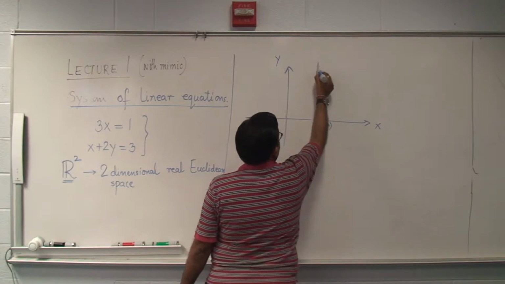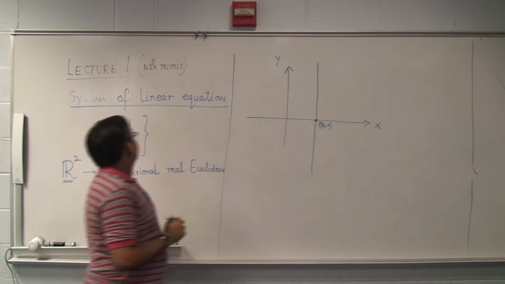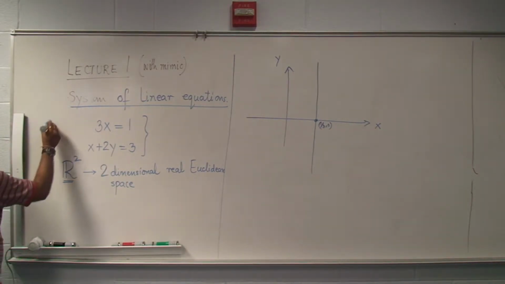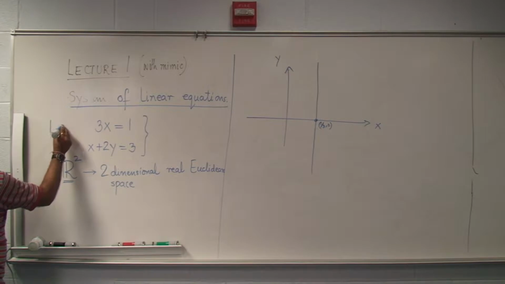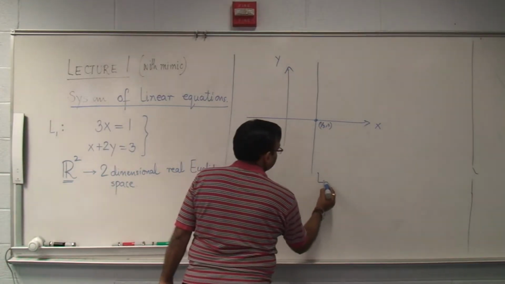So here is a line which passes through the point (1/3, 0), and this is what equation 1 represents. Let me call this the line L1. So this is my line L1.